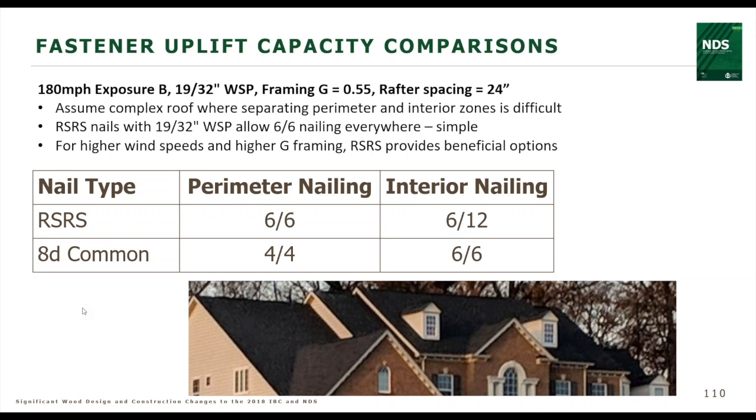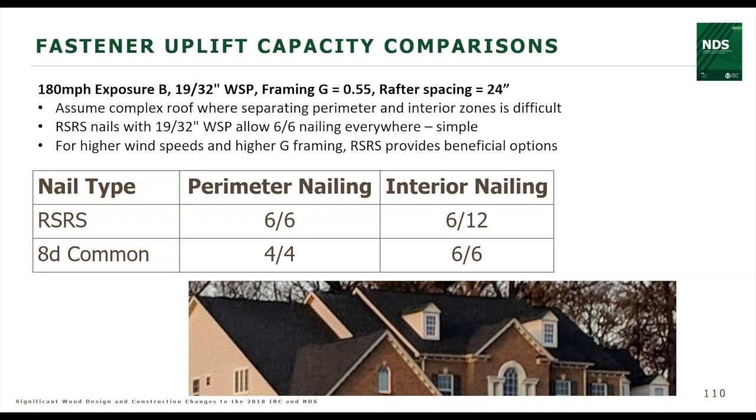So if we look at an 8D common nail in this type of setup, our perimeter nailing is going to be 4 inches on center at the edge and 4 inches on center in the fields of the panel in the interior supports. And then in those interior zones, it would be 6 and 6.